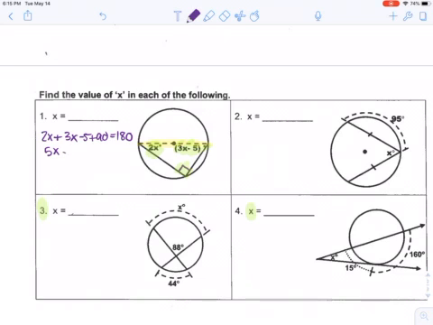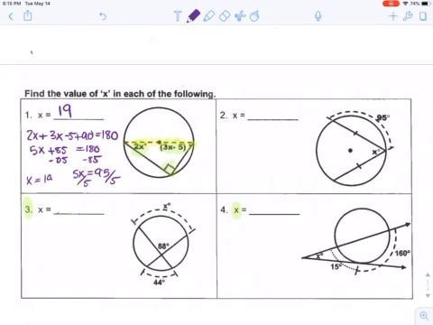So 5x plus 85 equals 180. Subtract 85 from both sides, and you get 5x equals 95. Divide by 5, and x equals 19. X equals 19.